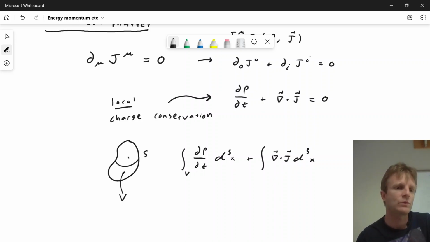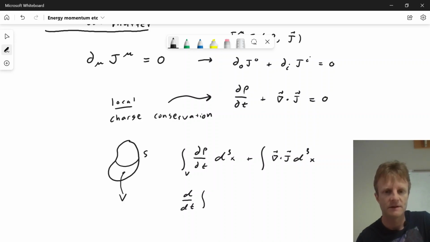And for simplicity, we'll keep the volume stationary, so we can pull the time derivative out. And now we've integrated over the 3 spatial coordinates, so I can write that as an ordinary time derivative of integral rho d3x. And what can I do with this one? This was all equal to 0. Well, I can use the divergence theorem: integral J dot dA.